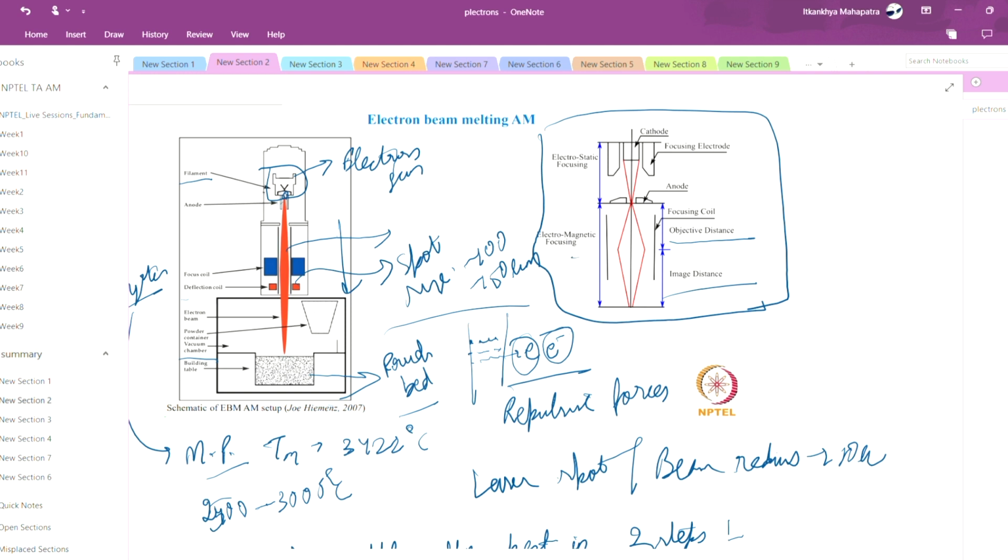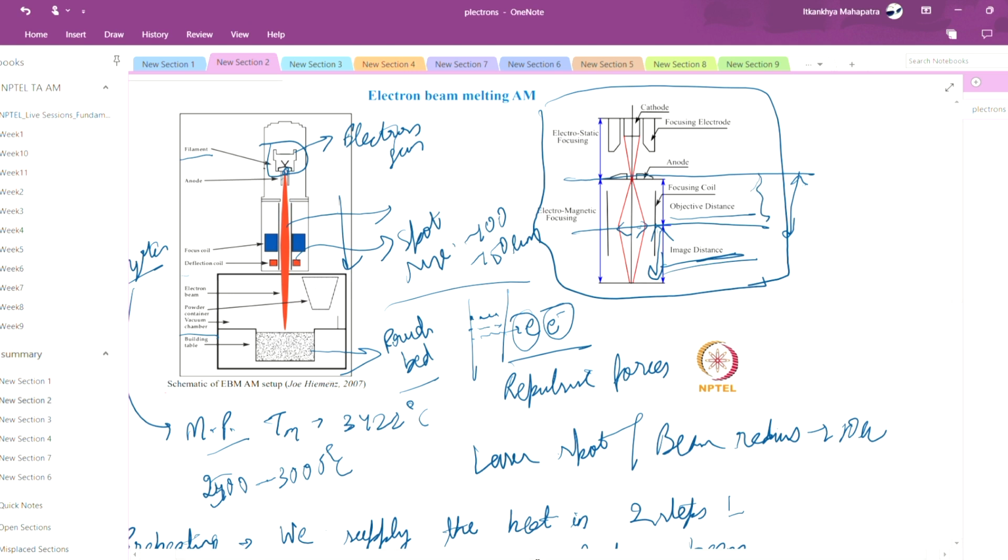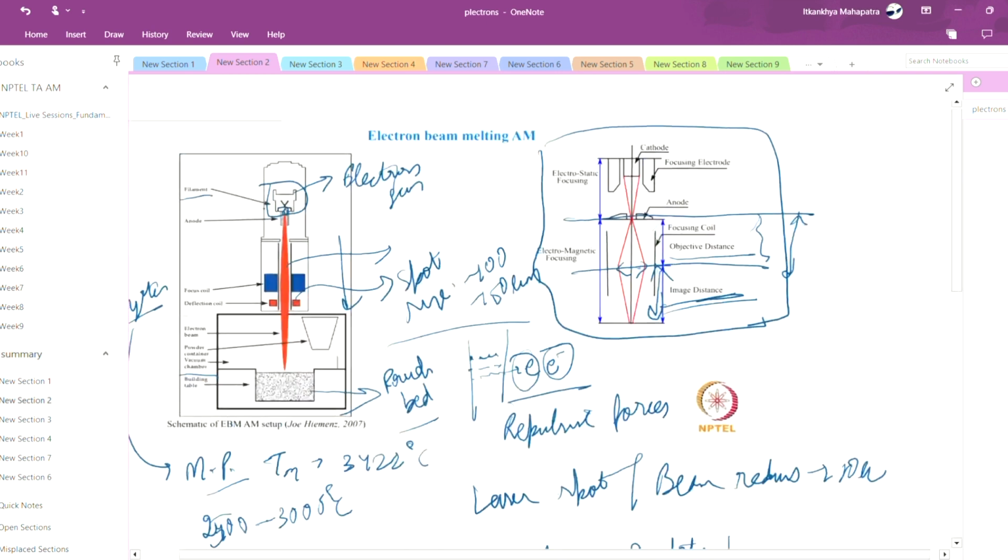So here we will draw one more figure, this and this distance. This is known as your objective distance, and this is the distance from the minimum diameter to the maximum diameter, and again from the maximum diameter to this, the image distance. So this is the difference between the objective distance and the image distance. A question is there related to this.